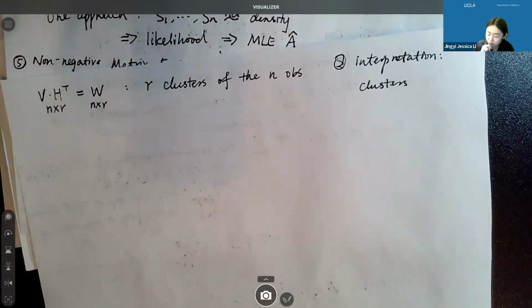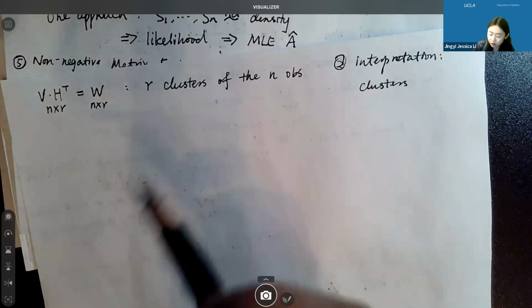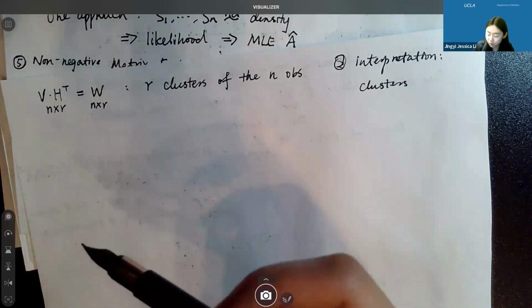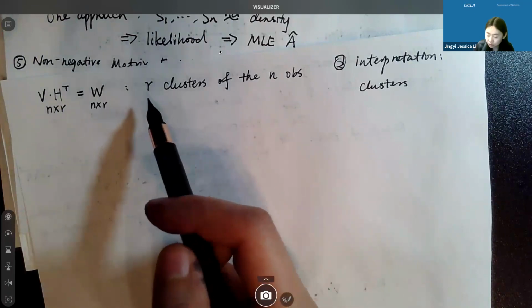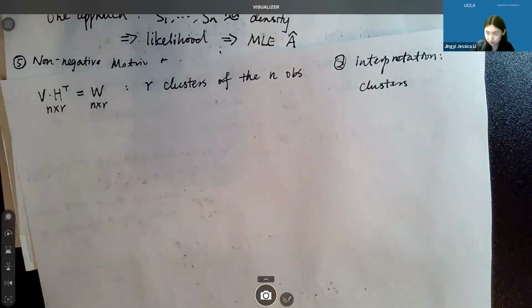So basically, you can use NMF as a way to find new features which are sparse combinations of the original P features. You have R new features, and with each feature, you can cluster your N observations. That offers a very nice interpretation, both in terms of the original P features, as well as in terms of the N observations.